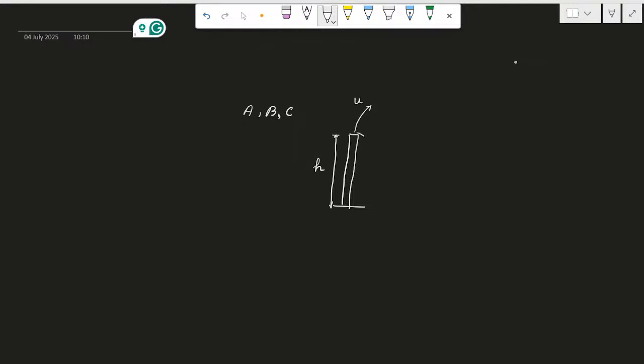Object B is thrown downward with velocity u. And object C is just dropped with zero velocity, that means with u = 0, object C is dropped. That means it is free fall.